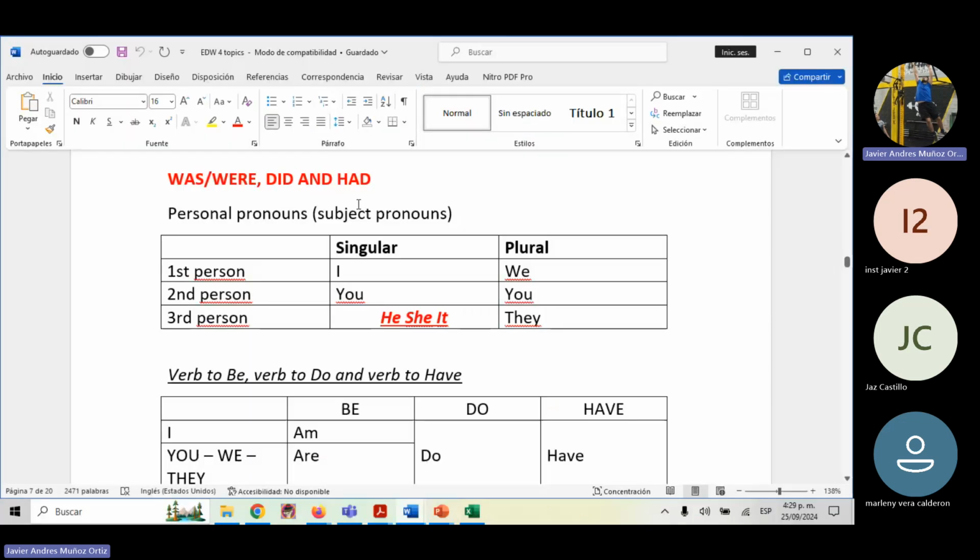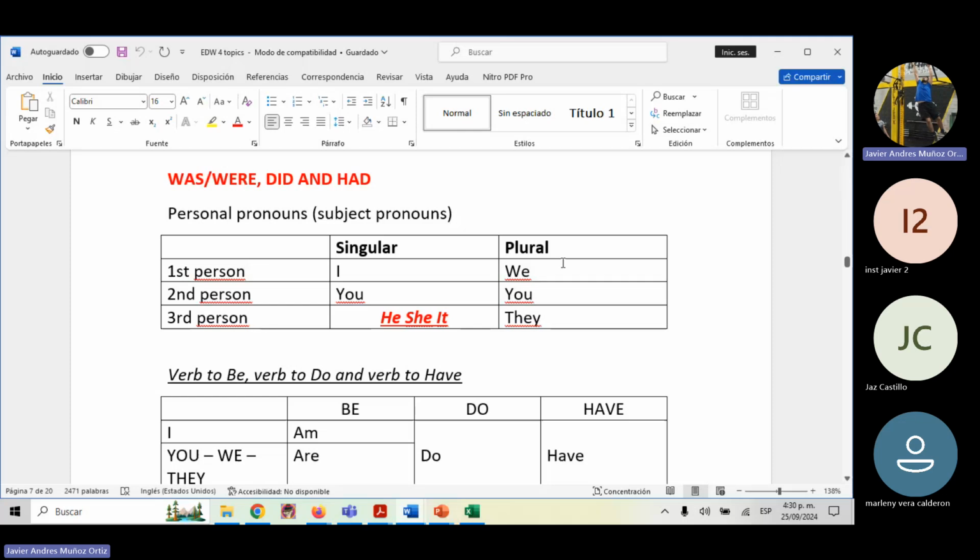I want you to remember that people are going to be important because they are going to perform actions, activities. Instead of mentioning Christian, Gabriela, Santiago, Pepe, and Carlos, you and I, for example, we can do something more general, and the more general form is to mention first, second, or third person of singular and plural.